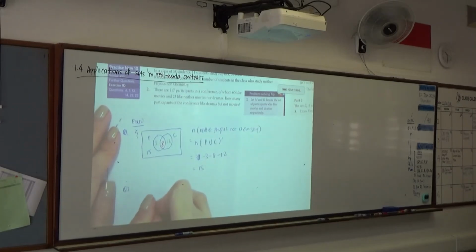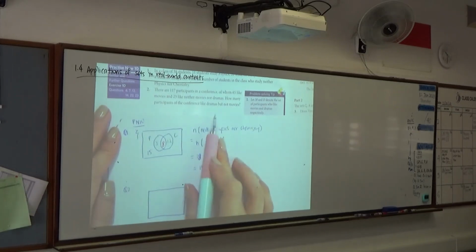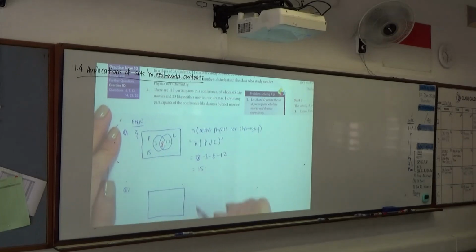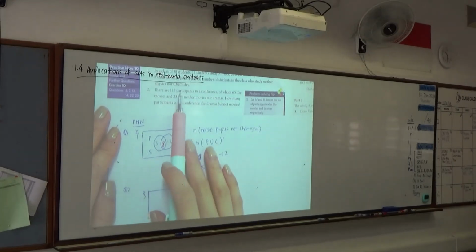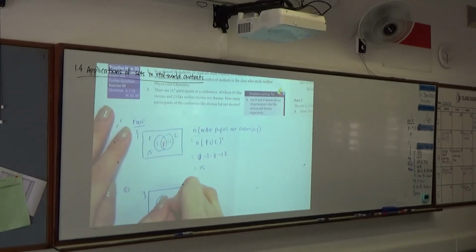Again we draw our Venn diagram. Since there is a discussion about intersection, the universal set represents the 117 participants. We let M be the participants who like movies, and those that like dramas be D.